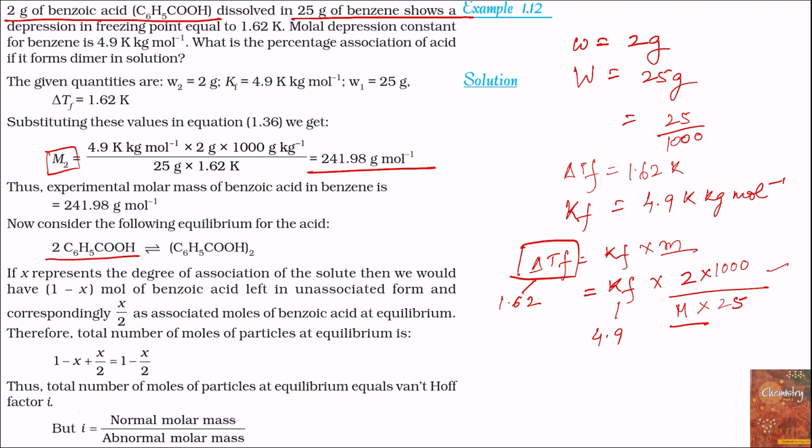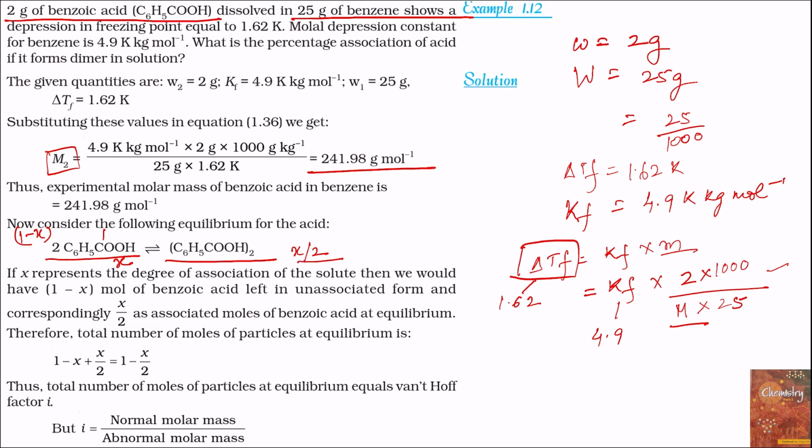So 2 moles of benzoic acid form dimer if x represents degree of association. Now before dimerization, 1 mole of benzoic acid was present, and x moles of benzoic acid forms dimer, so it forms x by 2 moles of dimer. So at equilibrium, remaining benzoic acid will be 1 minus x moles and moles of dimer will be x by 2 moles.